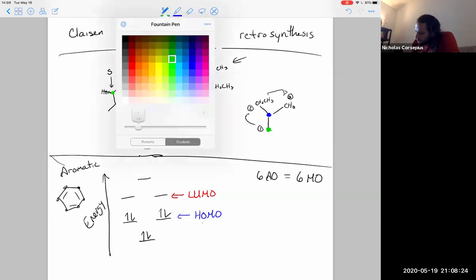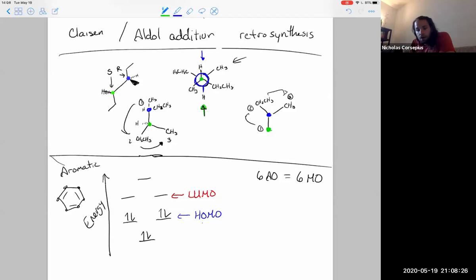The other thing that comes to mind when we're talking about HOMOs and LUMOs, like when that really comes up, is also through absorption. All right, so in absorption spectroscopy, I'm sending light into a sample of, for example, benzene, and what's happening?